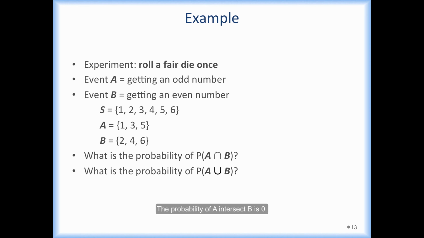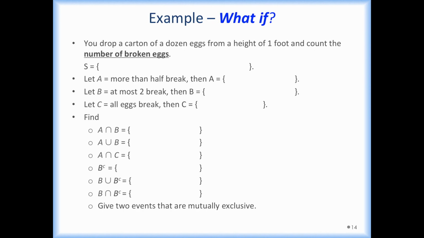The probability of A intersect B is 0 because there is no sample point that belongs to both events at the same time. The probability of A union B is 1 because A union B forms the sample space. Finally, I'm going to let you work on an example on your own.